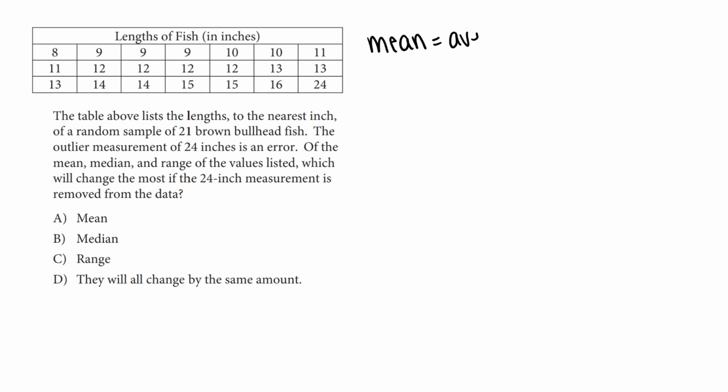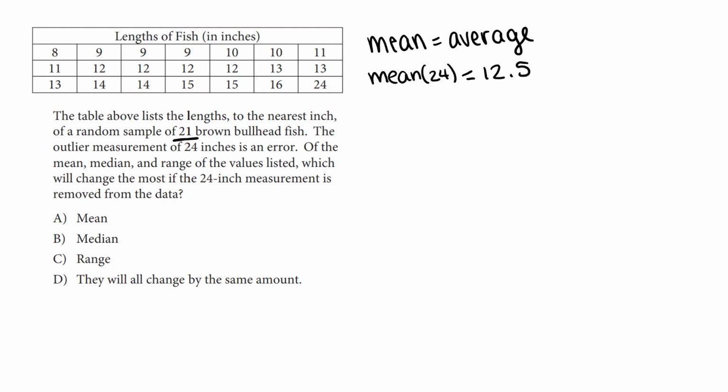The mean is the average. So the mean, considering the 24, is going to be the sum of all of our numbers divided by 21 because we sampled 21 brown bullhead fish. So when we consider that 24, it is going to be 12.5.